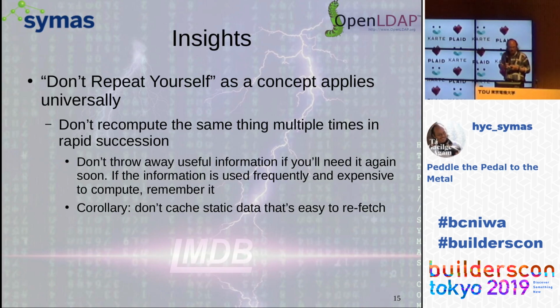So if you've computed some useful data, some useful information, and you're going to use it multiple times, then don't throw it away. Keep it around so you can reuse it. And on the opposite, if you compute something that only gets used very rarely, then there is no reason to keep it cached where it just takes up space.